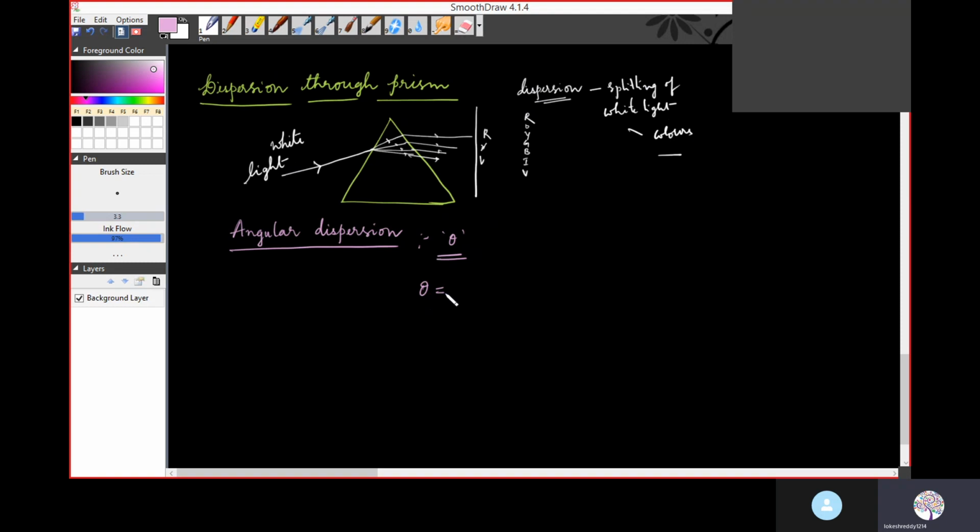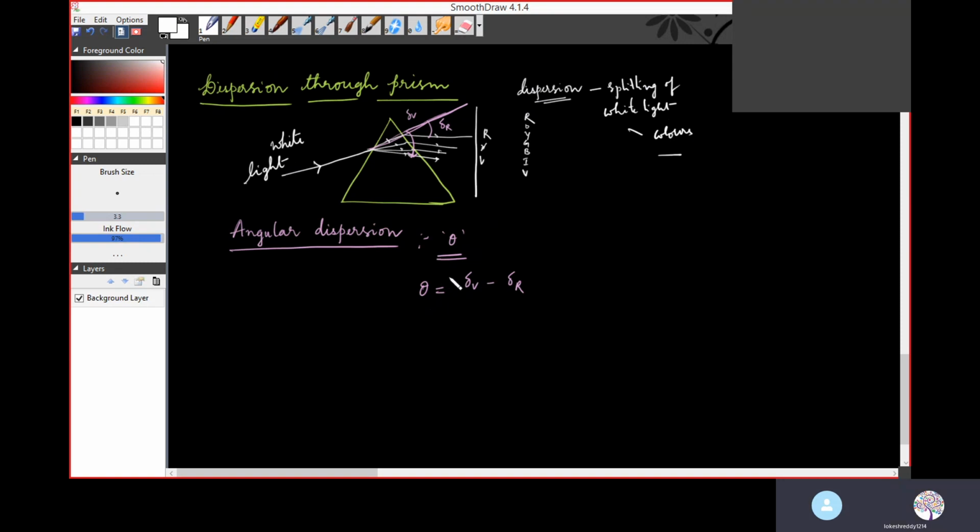So theta is equal to deviation of violet minus deviation of red. If you see here, this is how it should go, but violet deviated like this, that is delta V, and the red deviated like this, that is deviation of red. So the difference in the deviation is called angular dispersion.